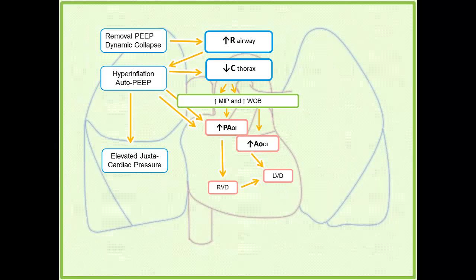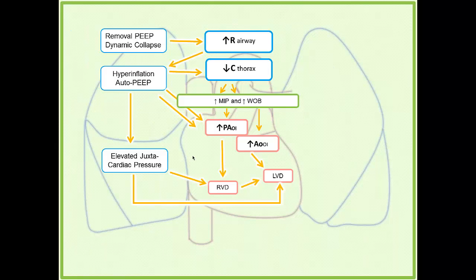The hyperinflation and auto PEEP, before moving on, also tend to squeeze the heart like a hand from the outside because of lower lobe gas trapping. And what that does is it tends to facilitate this physiology of ventricular interdependence, because the elastance of the right ventricular and left ventricular free walls increases. That is, their compliance decreases.